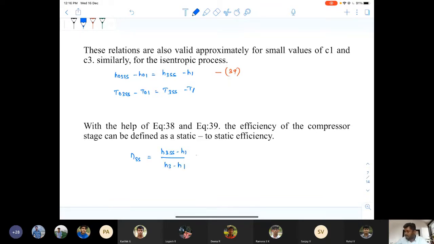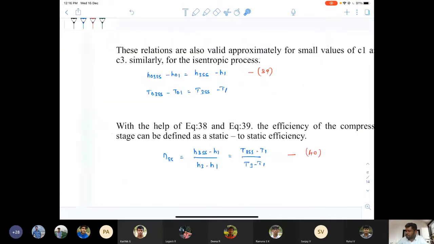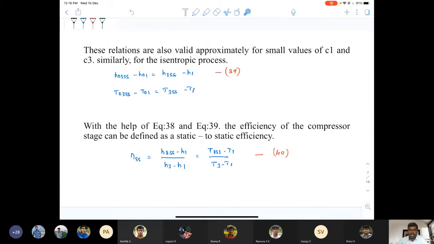This can also be represented as T3 SS minus T1 divided by T3 minus T1. This is the efficiency of the axial compressor stage.